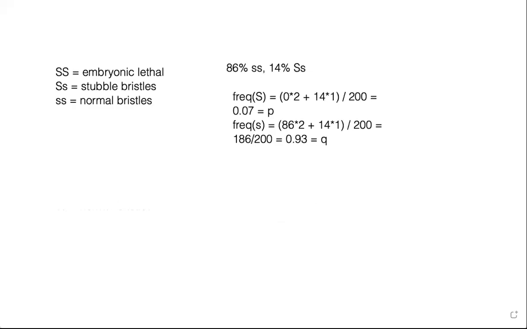Assume for right now that wild type and stubble flies don't differ in fitness. Use the allele frequencies to calculate mean fitness. Okay, the first thing that we've got to do is calculate a number that's called mean fitness. And to do that, we have to calculate fitness values for all of these genotypes. Here's how we do it.